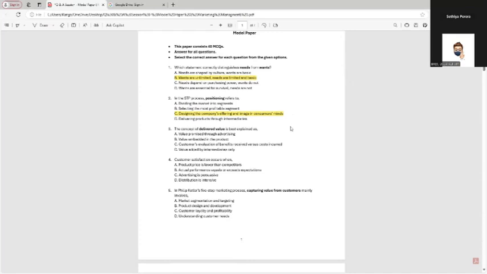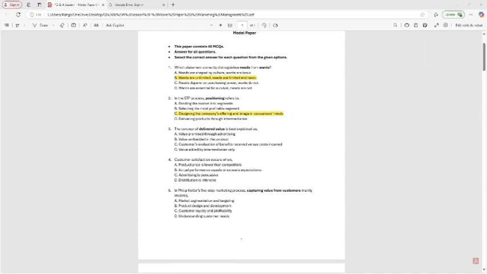Positioning. If you forget the answer, let me take you to session number 3, session number 5. Here, segmentation, targeting, and positioning. Let me show you where the answer is.